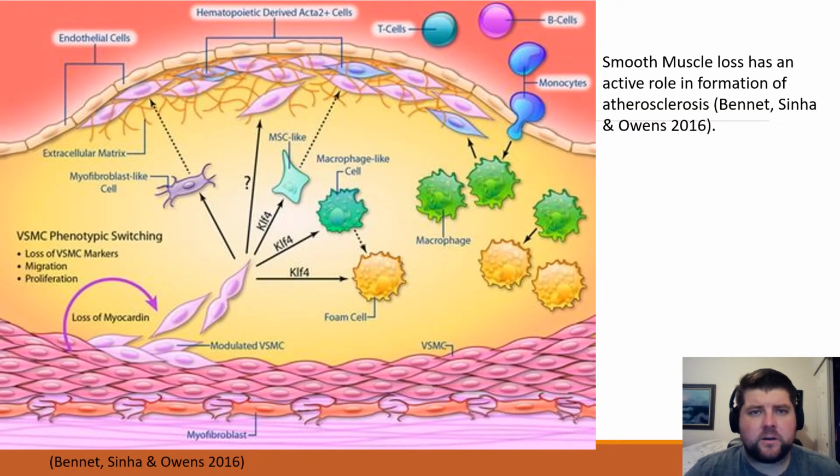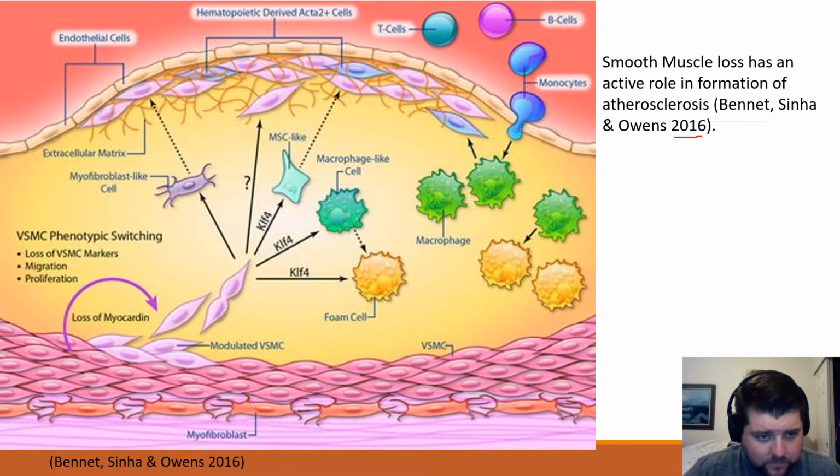So this slide here is from a recent study in 2016 that talks about how smooth muscles relate to the formation of atherosclerosis, which is the buildup of plaque in the body.